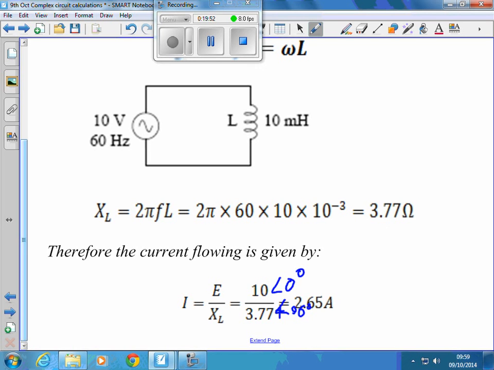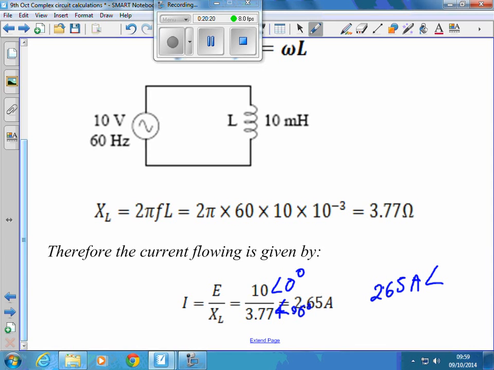So now doing the complex arithmetic, 10 divided by 3.77 is still 2.65 amps. Angle, and then how do we do this? What do we do with the angles when we're dividing two polar complex numbers?